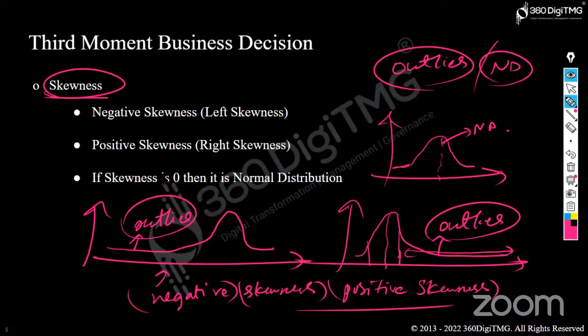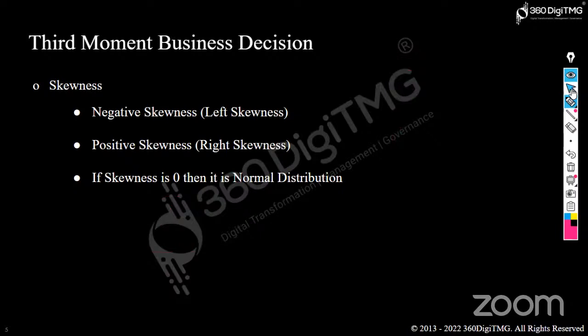If the skewness is 0, that means you'll have the center mean value as 0 and you'll get normal distribution. The data is normally distributed. From the graphical representation also, you can tell what the outliers are and whether it is normally distributed or not.